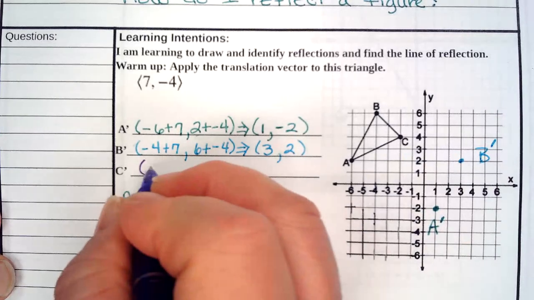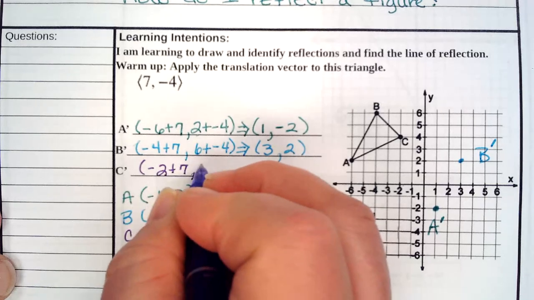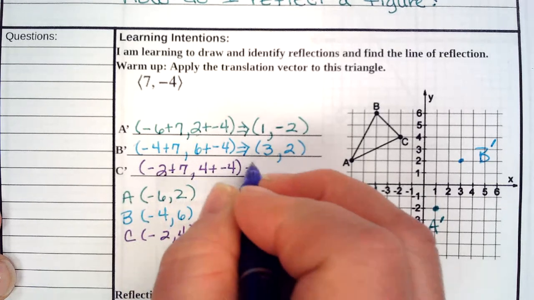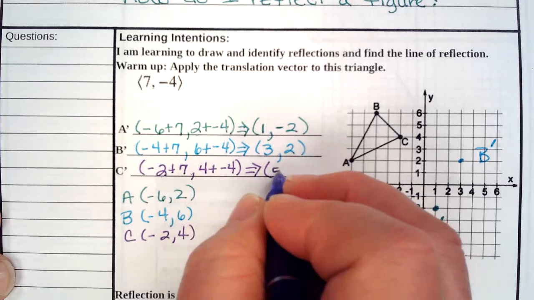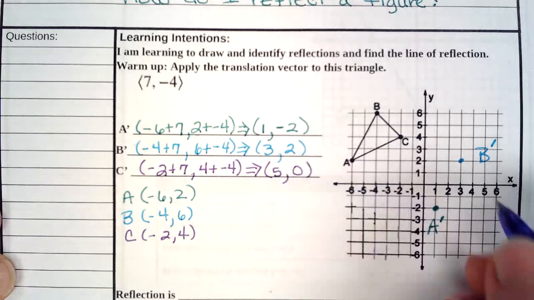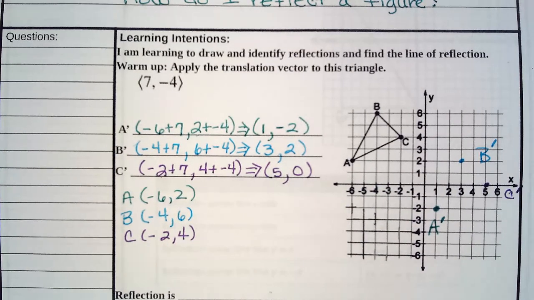C prime is -2 plus 7 and 4 plus -4. -2 plus 7 is 5. 4 plus -4 is 0. That's the point 5, 0. Last thing you have to do is to connect the dots.